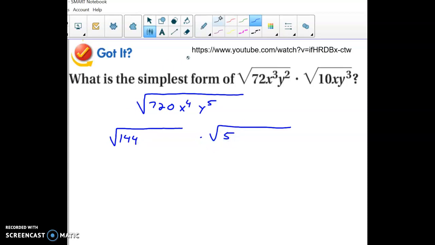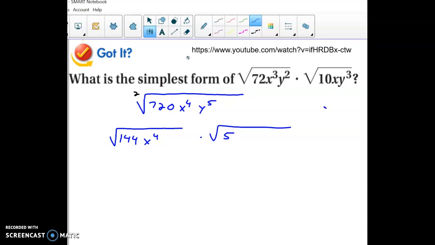And then I'm going to write the index of 2 there, even though it's not written. This fourth power is already divisible by 2, so I'm going to put all my x's here and none in the back. For y, 5 isn't divisible by 2.